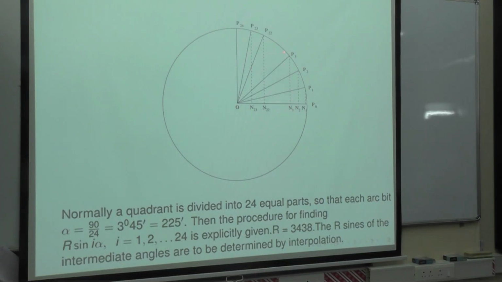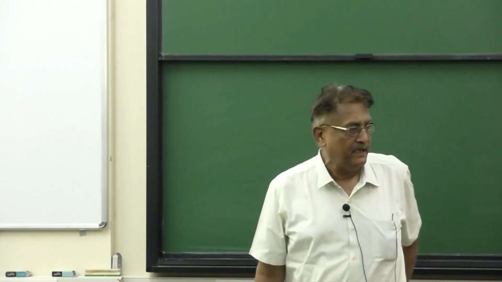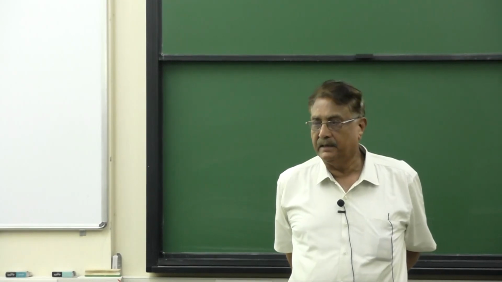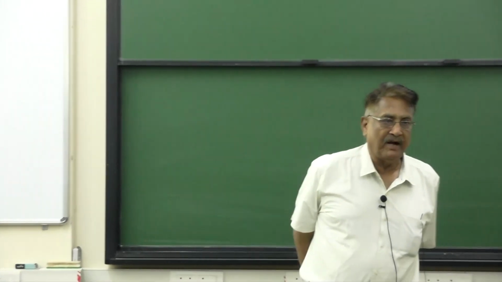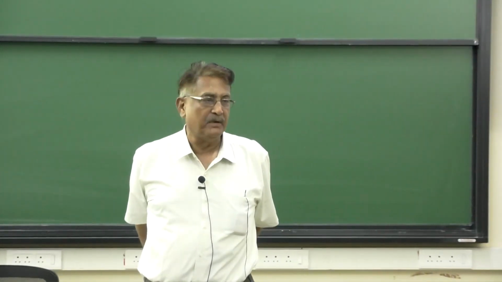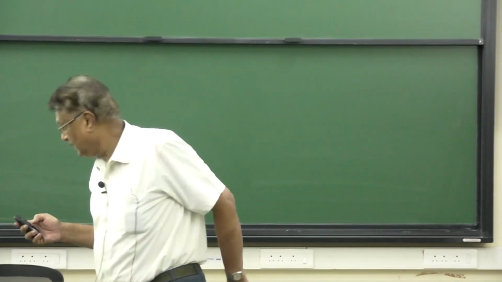So this is r sin 3 alpha, where alpha is this. Similarly for the other points. So you will get only the sines of 3.75, 7.5 degrees, like that. How about intermediate angles? It is done by interpolation, I will come to that.